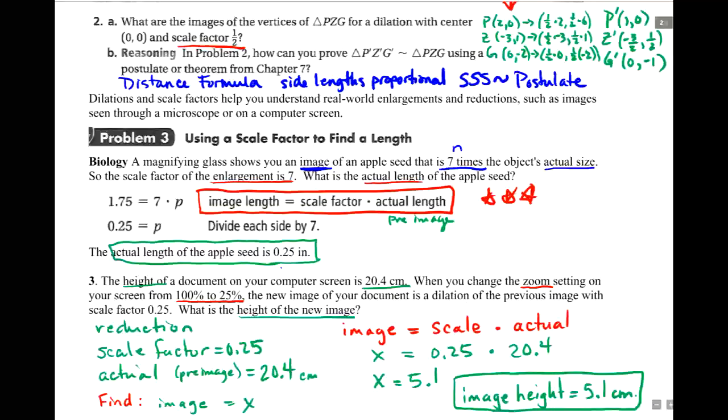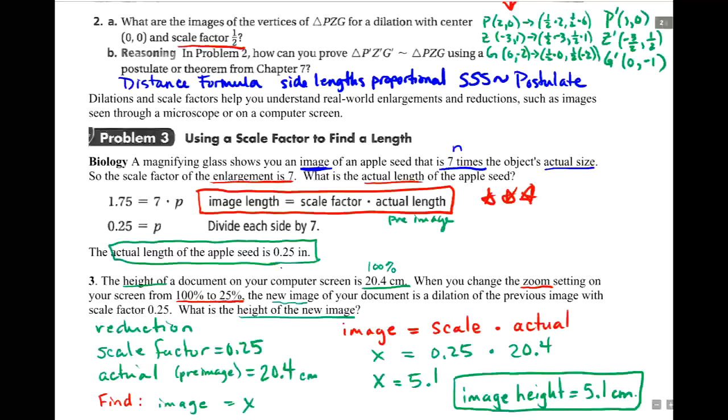When we change the zoom setting, now zoom makes you think you get bigger, but it says change your zoom screen from 100%, so this is at 100% here, to 25%, so we are getting smaller. We know we have a reduction. The new image of your document has a scale factor of 0.25.